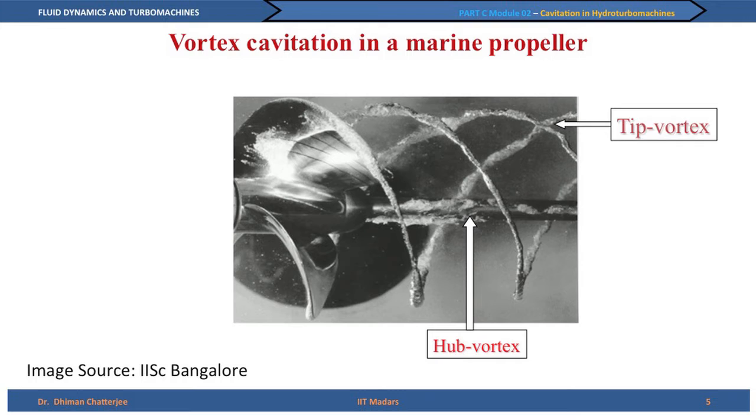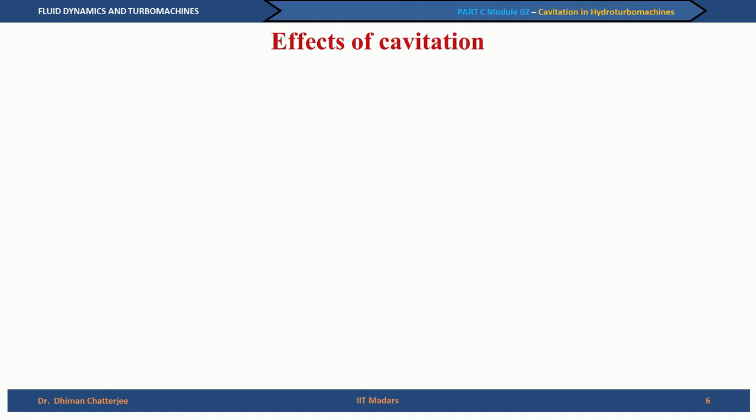So, why should we as engineers be interested in cavitation? The reasons are because of the effects, and when we talk about the effects of cavitation, we have to keep in mind that the effects I will be listing here are from the perspective of a turbomachine person.